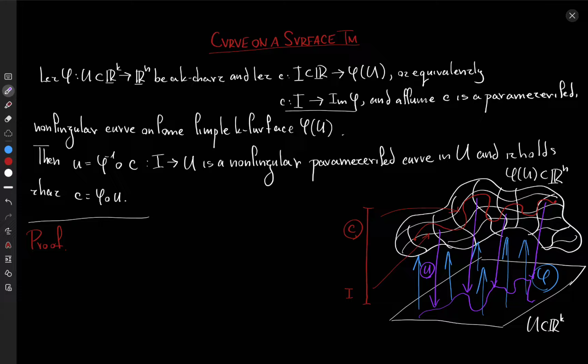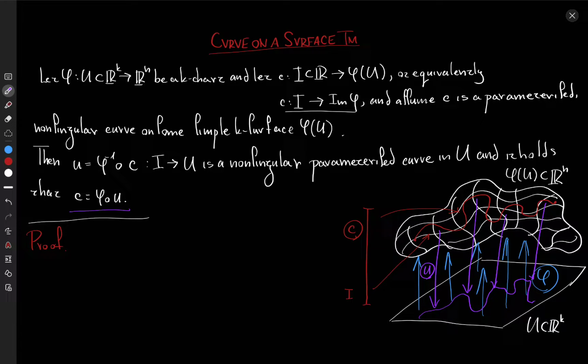And what we wish to show is that u is non-singular, and this is a well-defined parameterized curve, and that this equality holds. In other words, if I can take this interval, map it directly down here, and then move it up using phi, that this will be the original curve C. So that's a very interesting claim with some nice geometric interpretation.